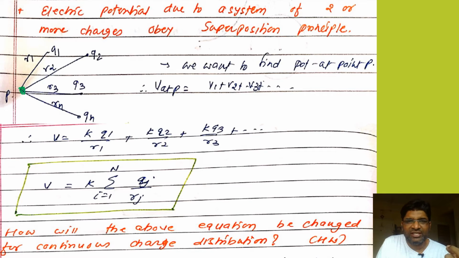Instead of Qj, there will be lambda dl for the line charge, that is one dimension, sigma dS or dA for the surface charge, the two-dimensional case, and integral of rho dV for the volume charge, the three-dimensional case. So you can do it with the help of the first chapter notes. You can go through that.